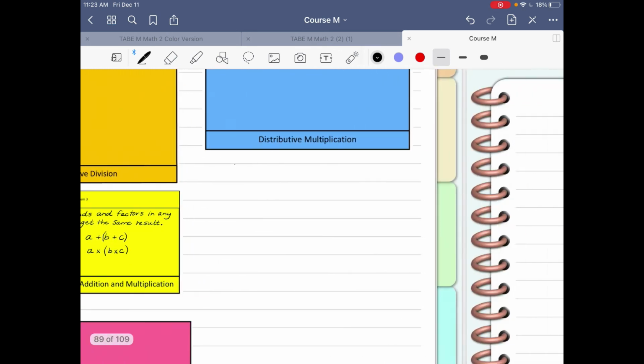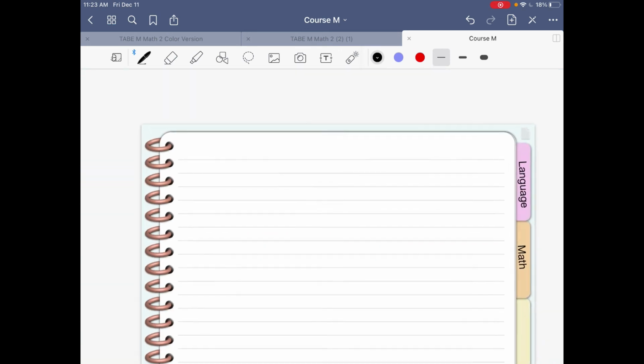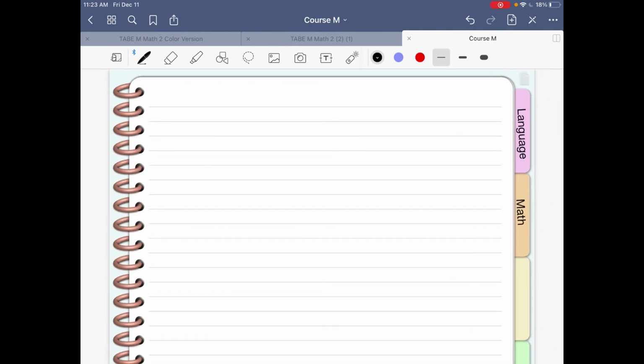I'm going to turn over to my next blank page, and I'm going to write the name of the rule. It is the associative property of addition, and I'll have to just put a comma.